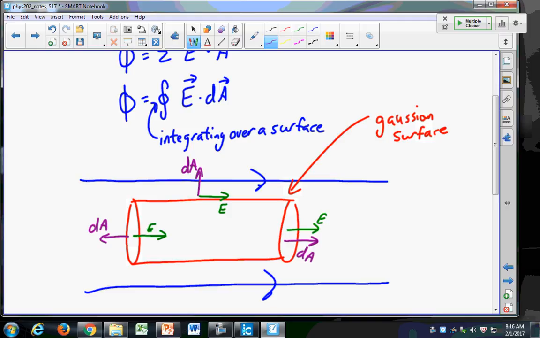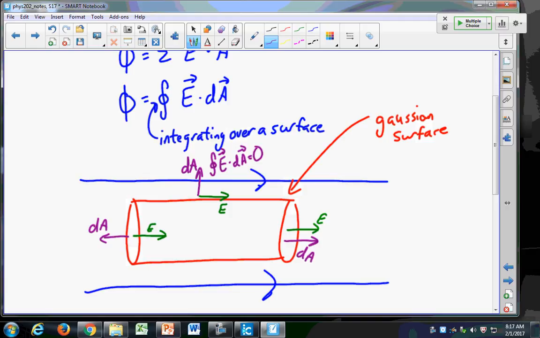The work, if we go back to our work, work was F dot d. If our force and our displacement were perpendicular, there was 0 work being done. So our dot product here of E dot dA is equal to 0. And in fact, all around the outer surface, the integral of E dot dA, these are vectors, is going to equal 0.